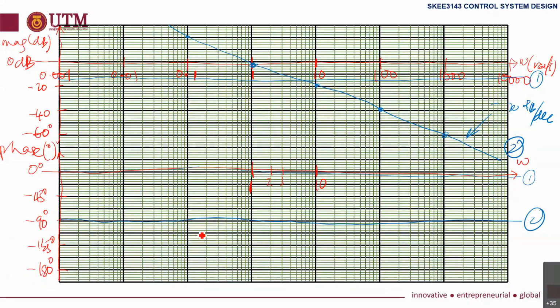Similarly here, if 0.1, the next one is 0.2, 0.3 until 1. So that's how to read omega in radian per second. So 5 is here, 1, 2, 3, 4, 5. This is the break frequency 5. Okay, and here 50.